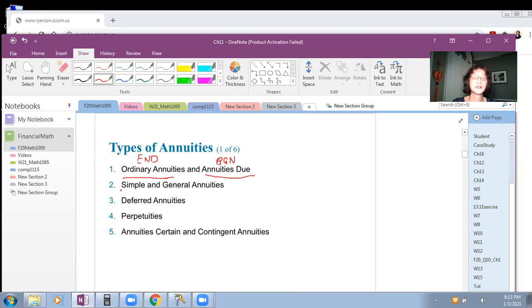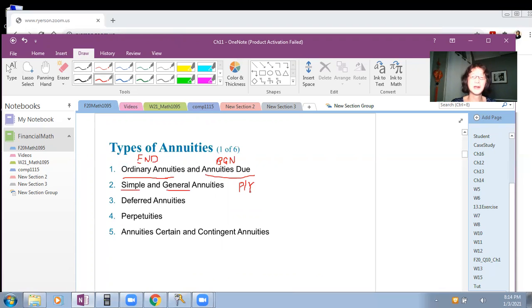Next one, simple annuity and general annuity. We use PY to represent the number of payments per year. Every year, how many payments do you make?